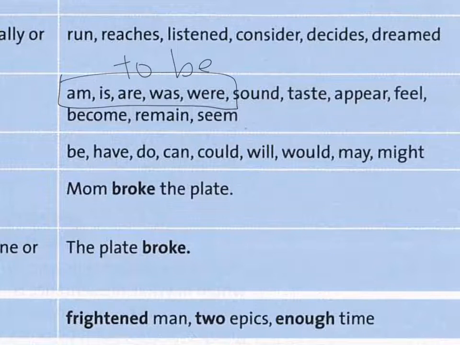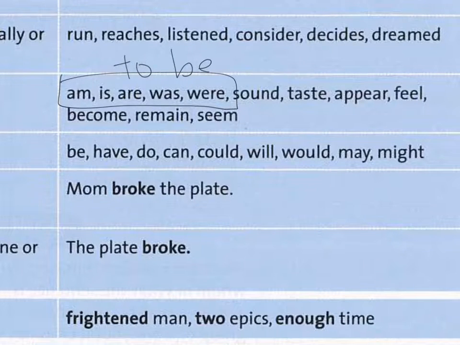For example, and remember be is the verb to be, if you said, our muscles will be sore from chopping wood. So the main verb here actually is be and the auxiliary is will. Will be.